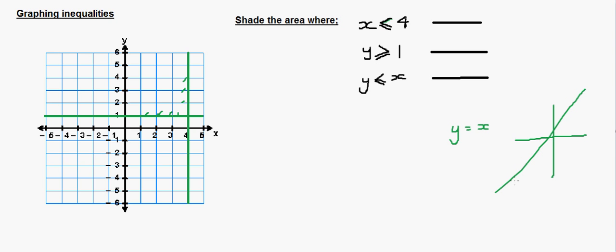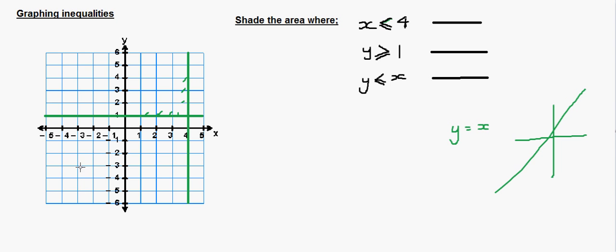Now one of the things that you need to know is that when you draw this line, the y equals x, then it will go at 45 degrees. It will go diagonally through all the squares.